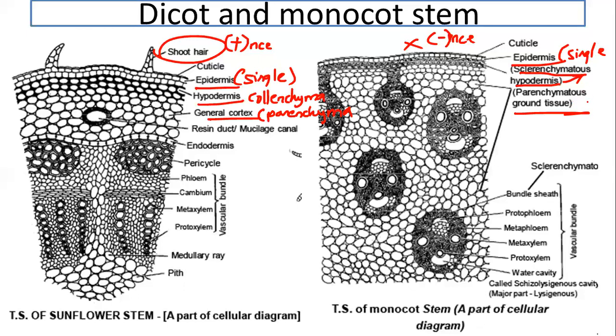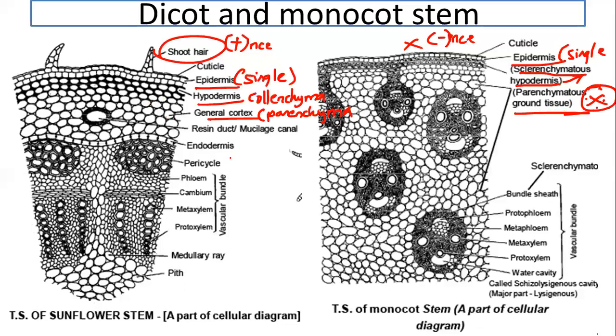Remember, in the dicot stem there is a general cortex made up of parenchyma tissue, but in the monocot stem, instead of a well-defined cortex, it is filled with parenchymatous ground tissue.